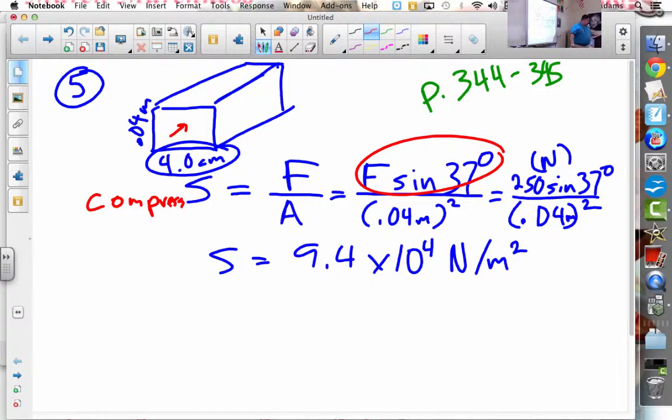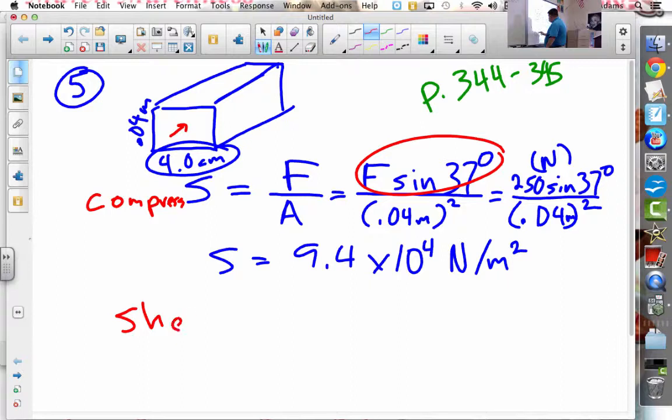Now, the shear stress is something that's a little different. Shear stress is kind of like a book, right? So think of a book, but this would apply to the bar as well. If I take this book and I apply force to the top, it transforms or deforms the book. It puts it on a slant. And that can be calculated pretty similarly.